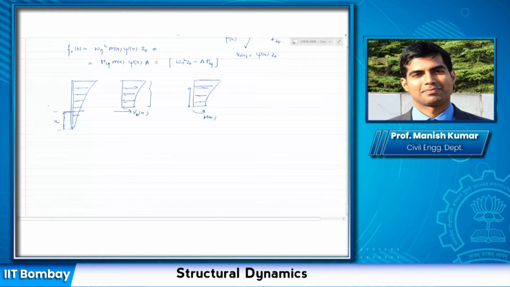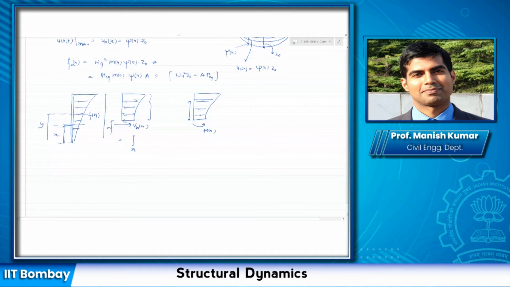Vx basically would be, because this limit here is x and this limit here is L, sum of all these forces between these two would be the shear force at this location. So it would be simply whatever the force here is integrated from x to L.